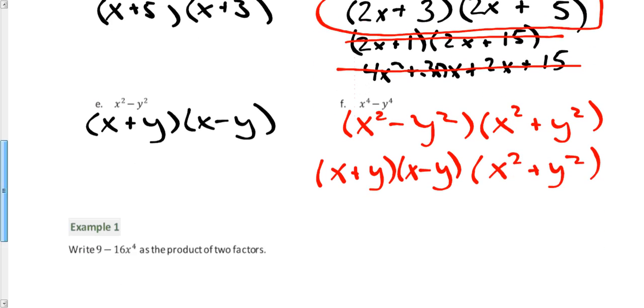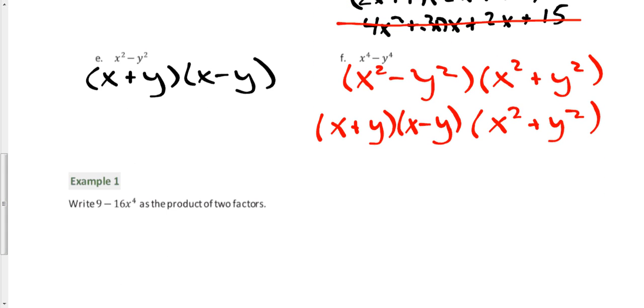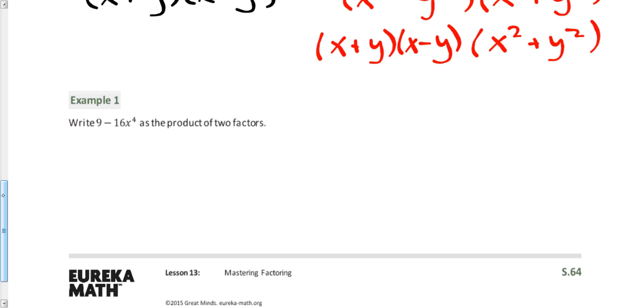All right. Now, example 1. Write 9 minus 16x to the 4th as the product of 2 factors. Hey, Bailey. How's this factor? Write it down. Inside voice. The product of 2 factors.